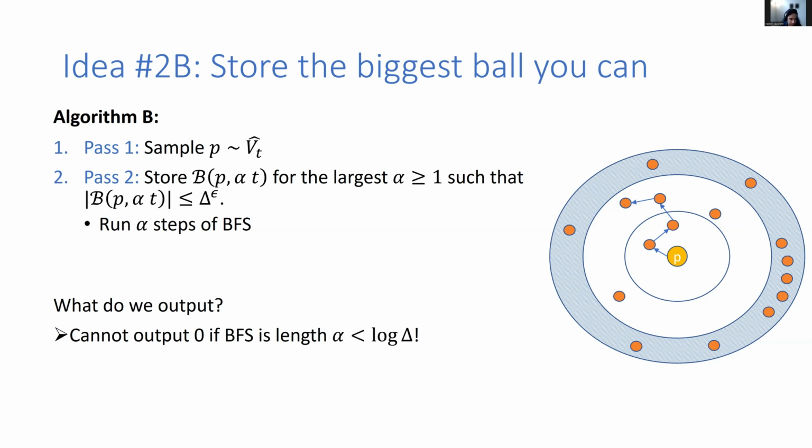But it's very easy to see that if I output 0 for a shorter BFS, for example for a BFS any smaller than log delta, then there's an example where almost all the weight of the estimator is contained in connected components that have diameter some constant times log delta. So in this case, I would output 0 as my whole estimate. I could have an instance where my entire output was 0, and clearly I've gotten no good approximation here.